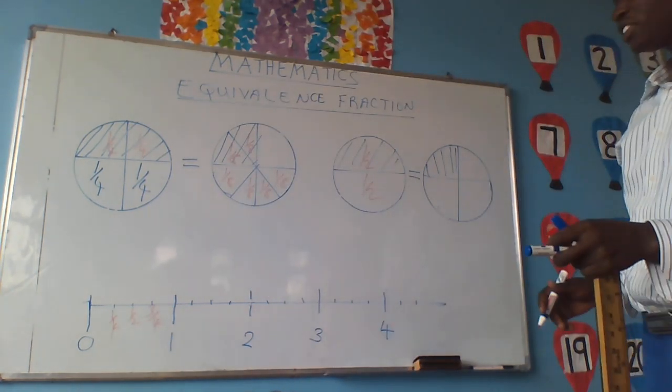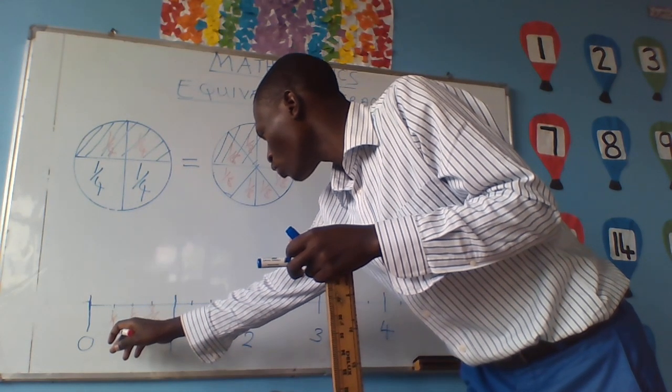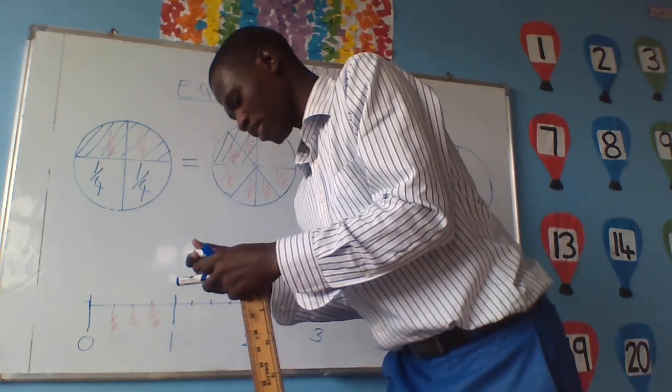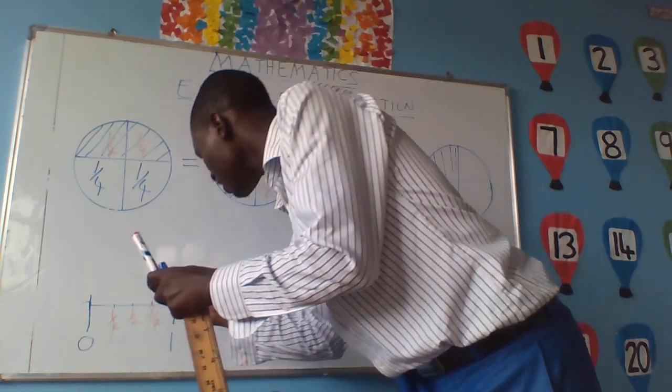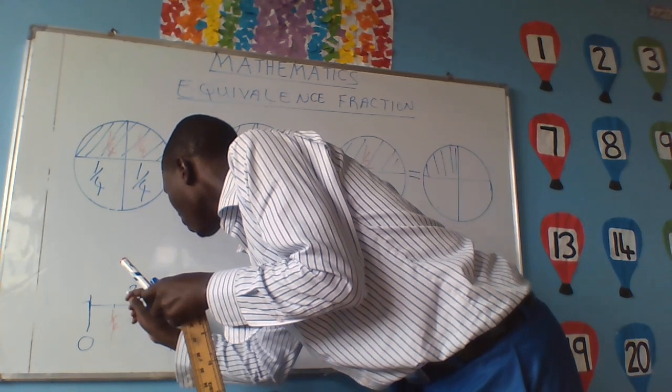Now, in a simple way, this one is equal to 1 out of 4. This is a half, the same as 2 out of 4.